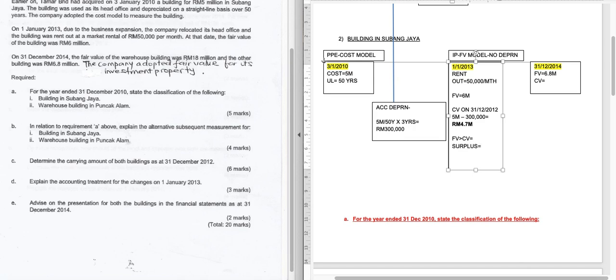Surplus of RM 6 million minus 4.7, that is 1.3 million, and this one goes into ARR. So we have to put this in writing, and also you have to eliminate accumulated depreciation of the PPE, this 300,000.